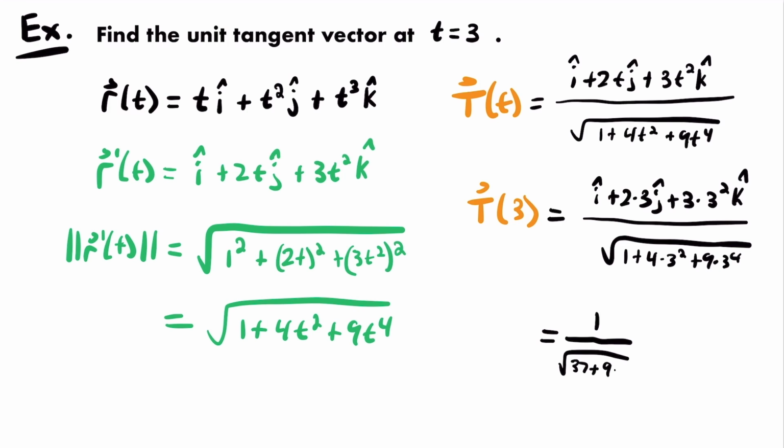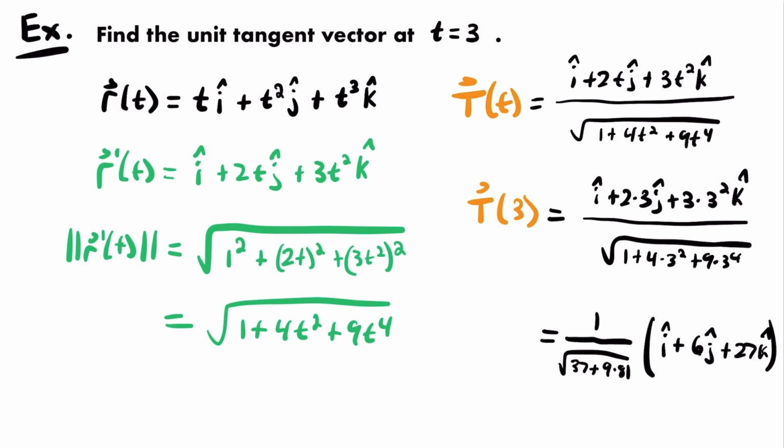So we have 9 times 81. And then we're multiplying by the vector i plus 6j plus 27k, right? 2 times 3 is 6. 3 times 3 squared is 3 times 9, which is 27. Then finally, 9 times 81 is 729.